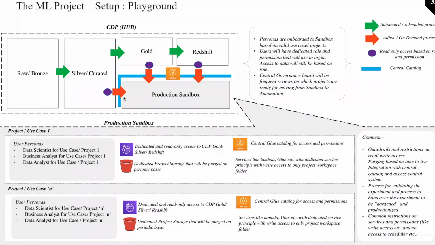And these are only read-only access, which means a person can read data from silver, from gold, from data marts as a read-only copy of the data, and that too through access control possibilities.